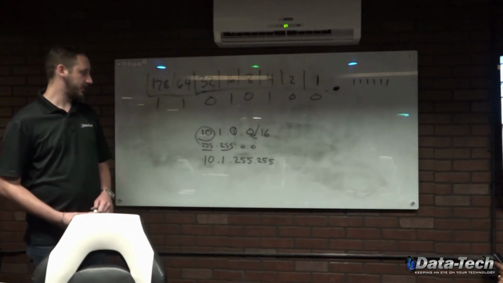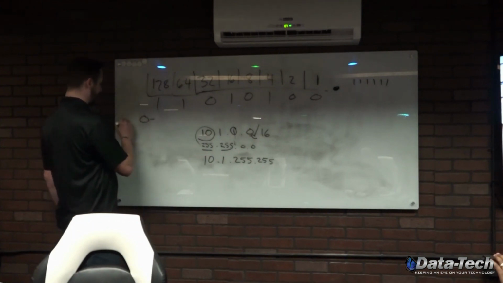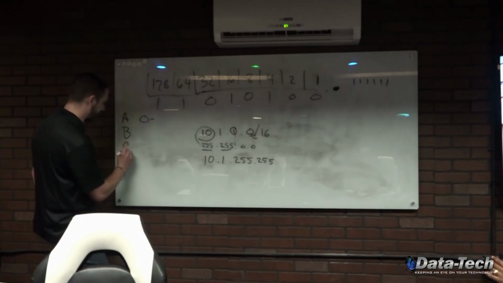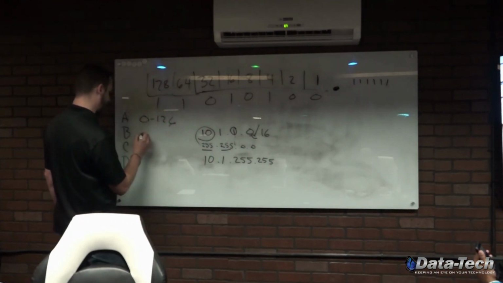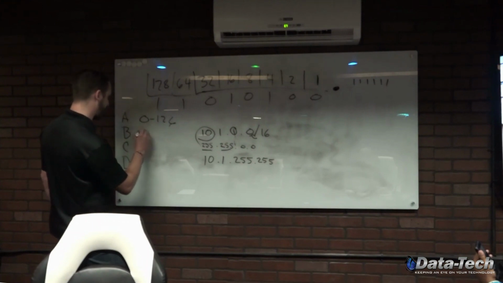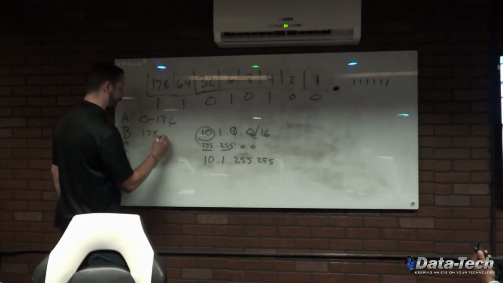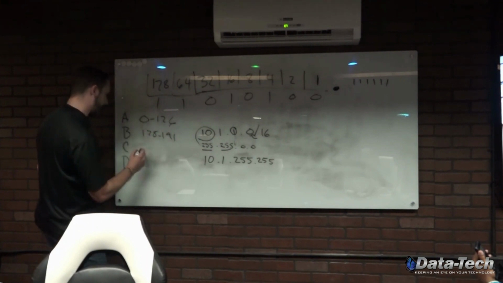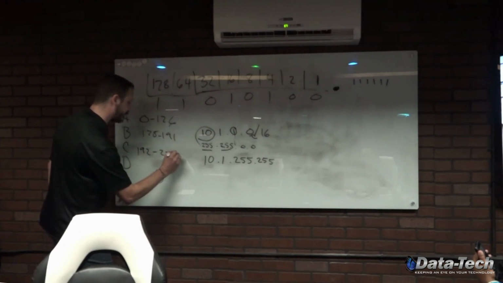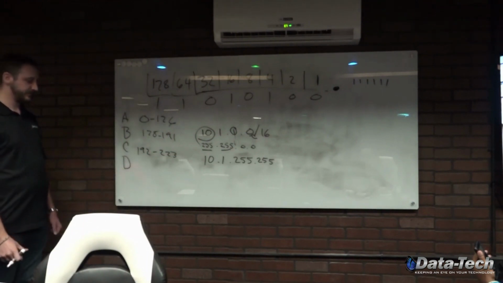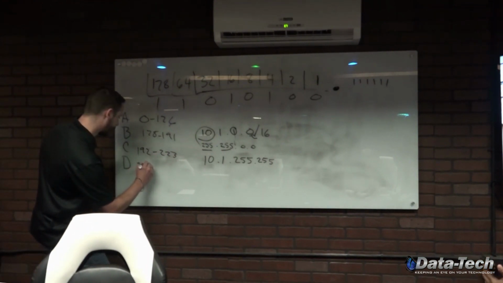From class A, if I'm not mistaken, it's A, B, C, D. A is up to 126, skipping 127. B is 128 to 191. Then you get 192 to 223. And then 224 to 239.